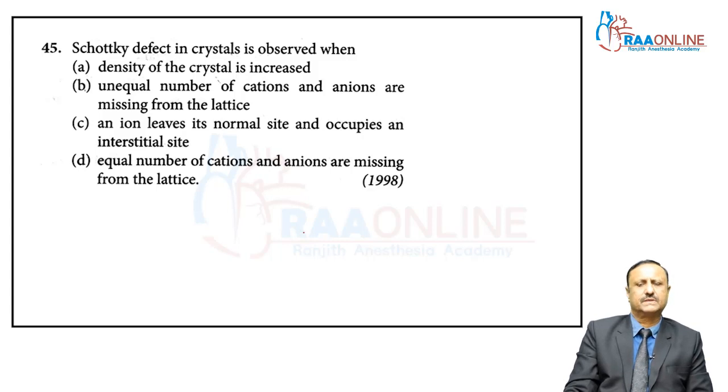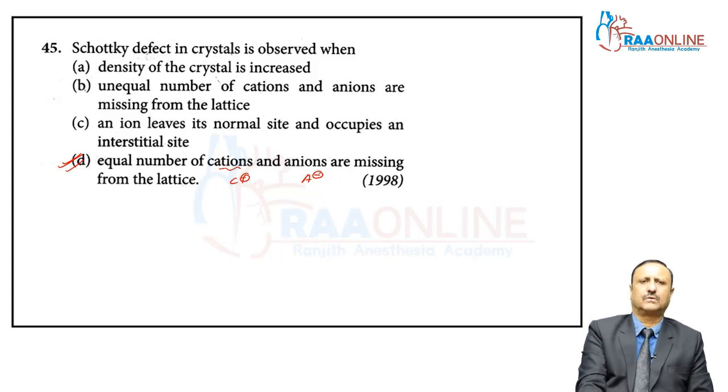Schottky defect in crystal is observed when, answer is D, equal numbers of cations C plus and anions A minus are missing. So, you can call this Schottky defect. For example, Na plus, Cl minus, Na plus, Cl minus are present.